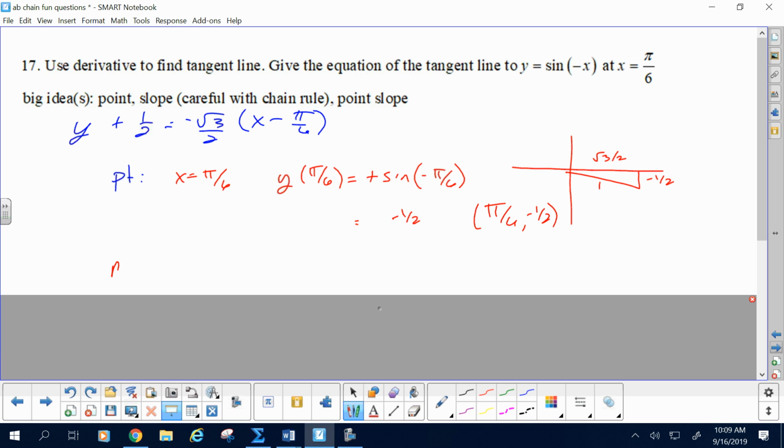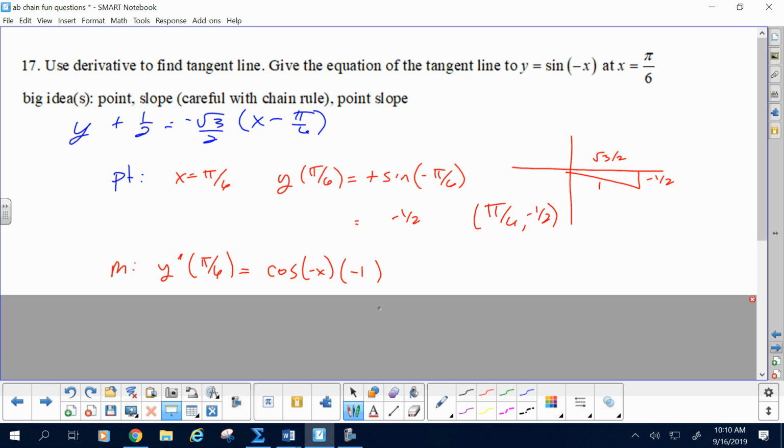Now the slope. Please communicate that you're saying, hey, I'm taking the derivative at pi/6. Person reading this, what is the derivative of sine of -x? Now that is chain rule. What's the derivative of the outside? Cosine with the inside the same, but what's the derivative of the inside? What's the derivative of -x? -1.